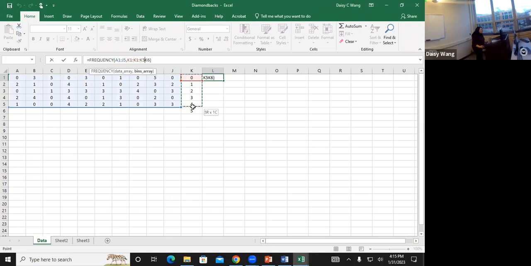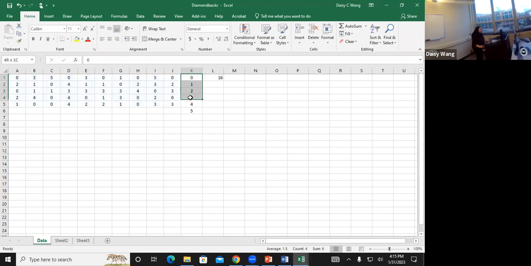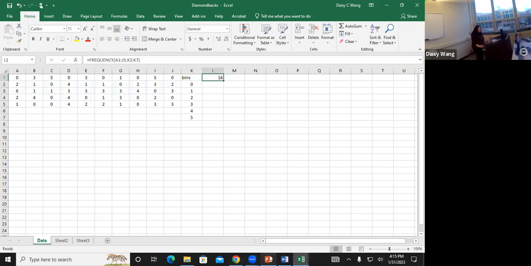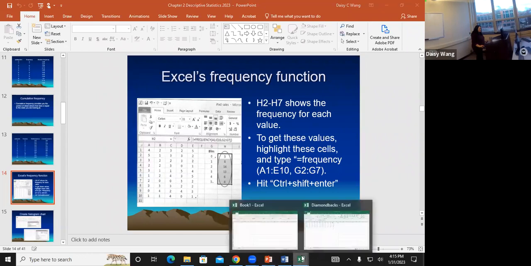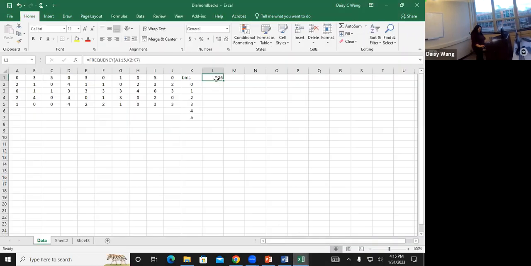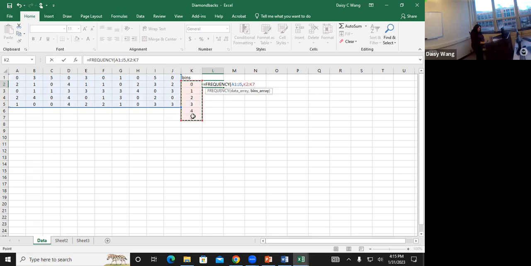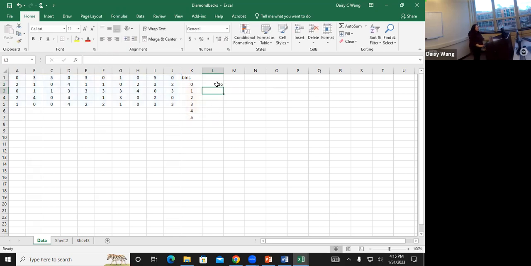Let me move this down. Equal frequency. Select the whole area here, and then select here. In theory, it should show. That's so weird. Yesterday when I did it, it showed the whole thing here.